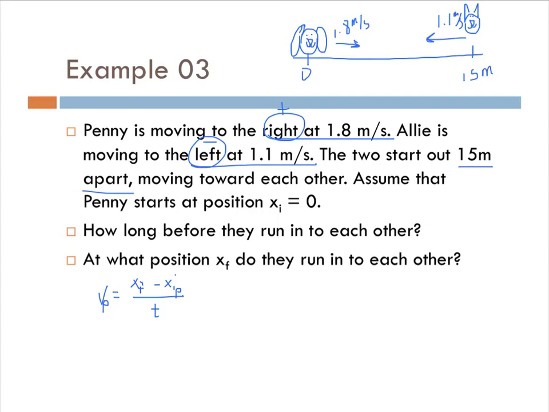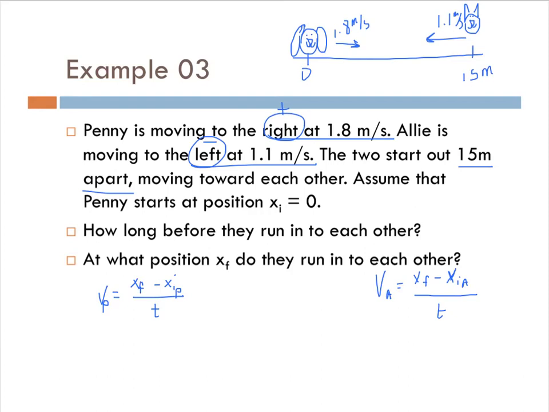Now I go over here and I do the same thing for Allie. This is an x, i, A, the initial position of Allie. Again, time and final position will be the same for both.